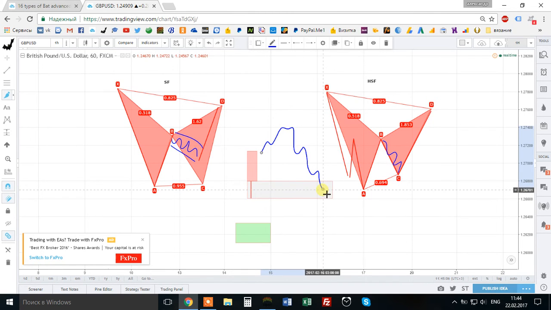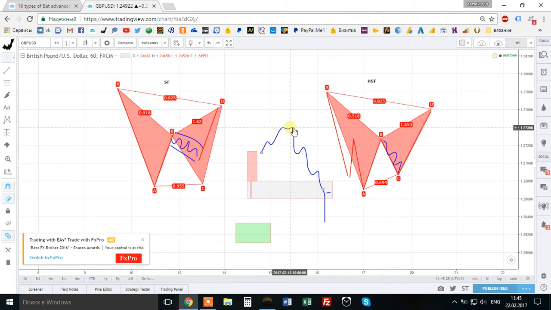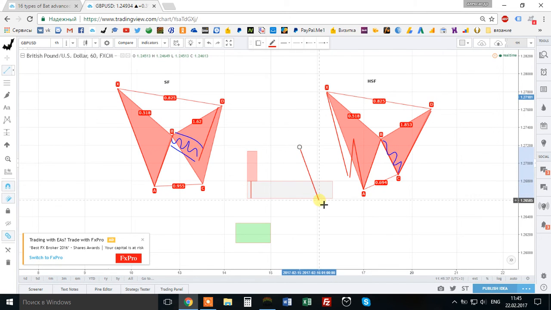What is the other criteria? It can spike through, but it cannot close below this zone. It should close either in this zone or higher. So it can spike, but it cannot close here. So this is the actual double bottom description. As for trading, it should enter this zone and it should not penetrate that zone even by one pip.